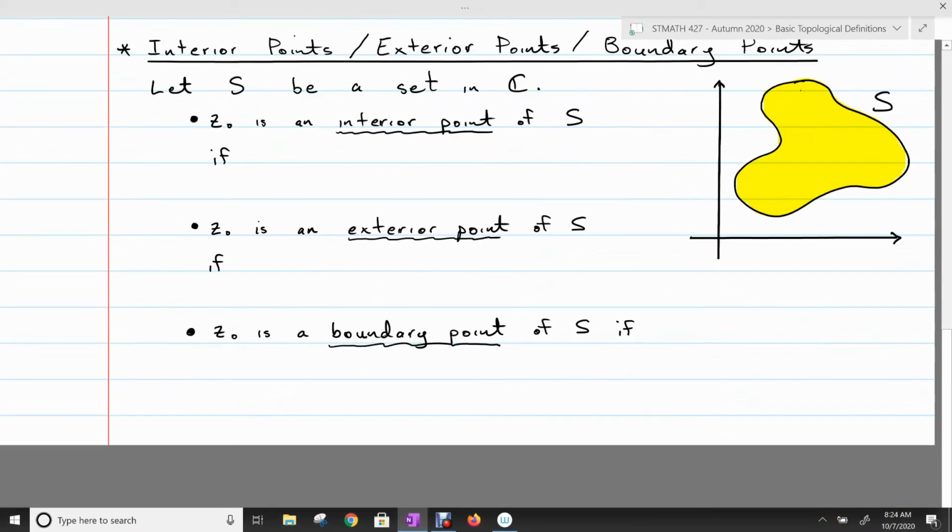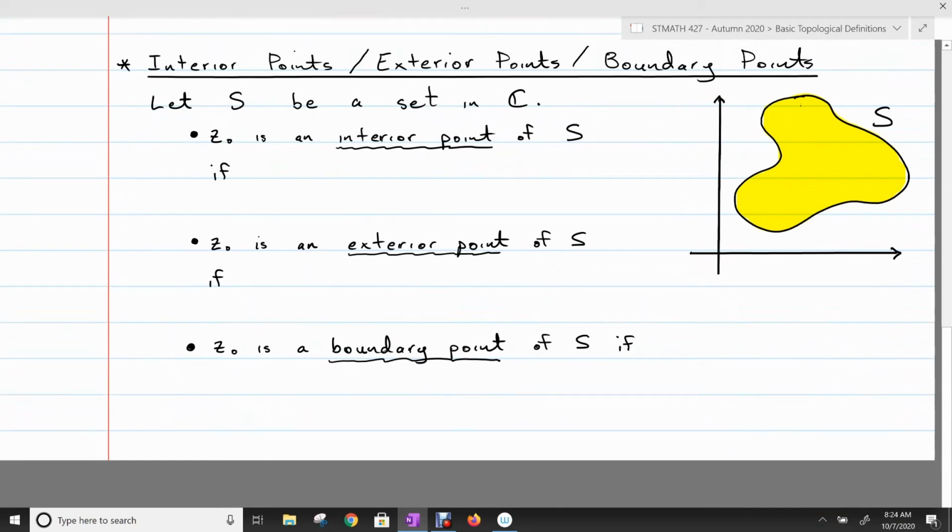First step in that is we need to talk about interior points, exterior points, and boundary points of a region or of a set. Start off with a set S in the complex plane, and I've got just some general set S colored in yellow over here on the right.